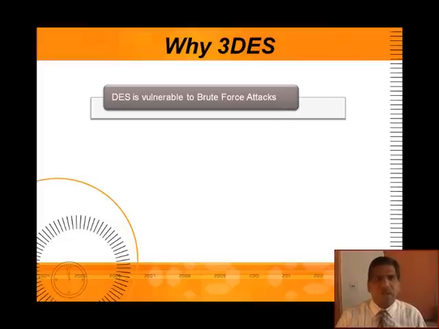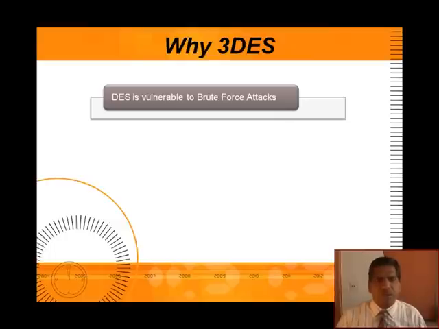So whenever people attack an encryption scheme, they try all possible combinations of the 56-bit key, and this can be done using a computer. It can also be done using some specialized hardware.